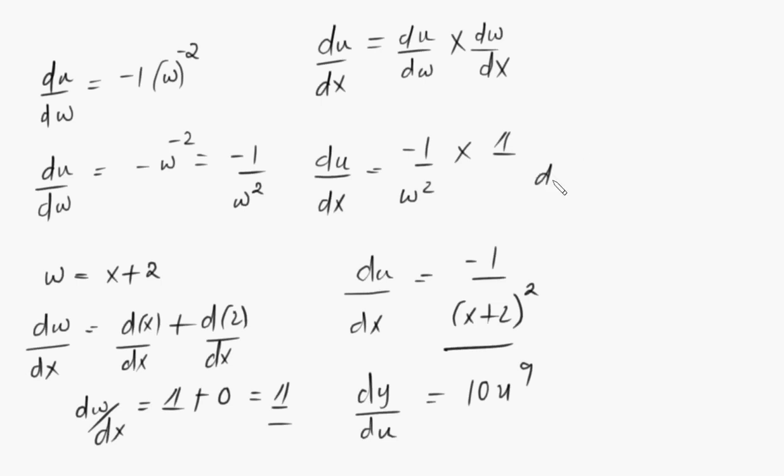So dy/dx is equal to this times this, as we said at the start. So it's 10u to the power 9 times negative 1 over (x+2) squared. So dy/dx is equal to dy/du, which is 10u to the power 9, times du/dx.